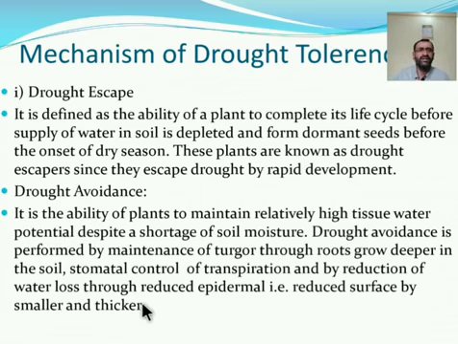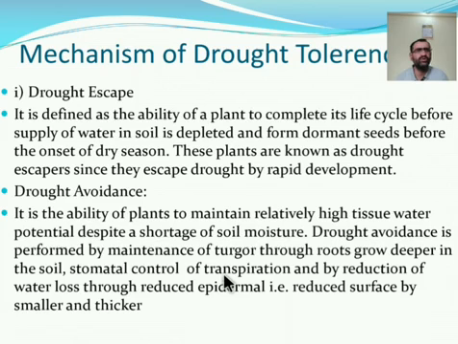In this way, drought avoidance is nothing but the ability of a plant to avoid the drought by maintaining itself. These conditions are roots growing deeper into the soil and stomatal control of transpiration.